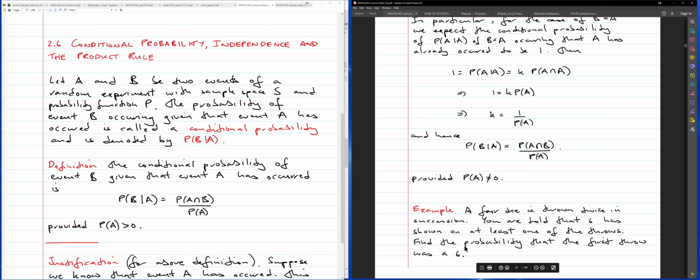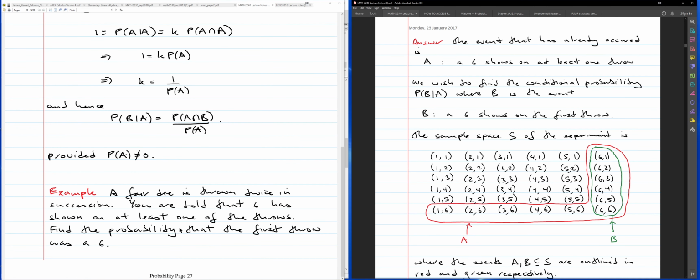The one that has already occurred is A, that 6 shows on at least one throw.